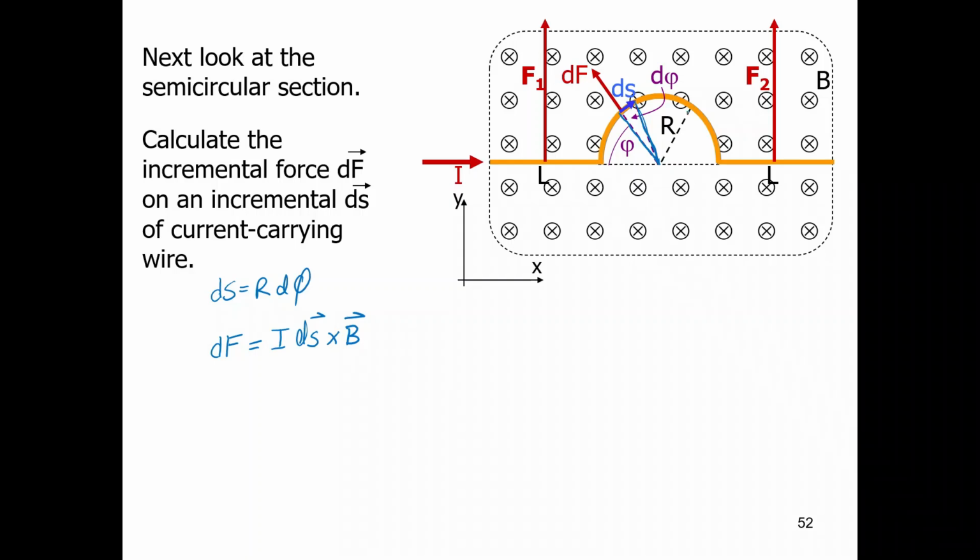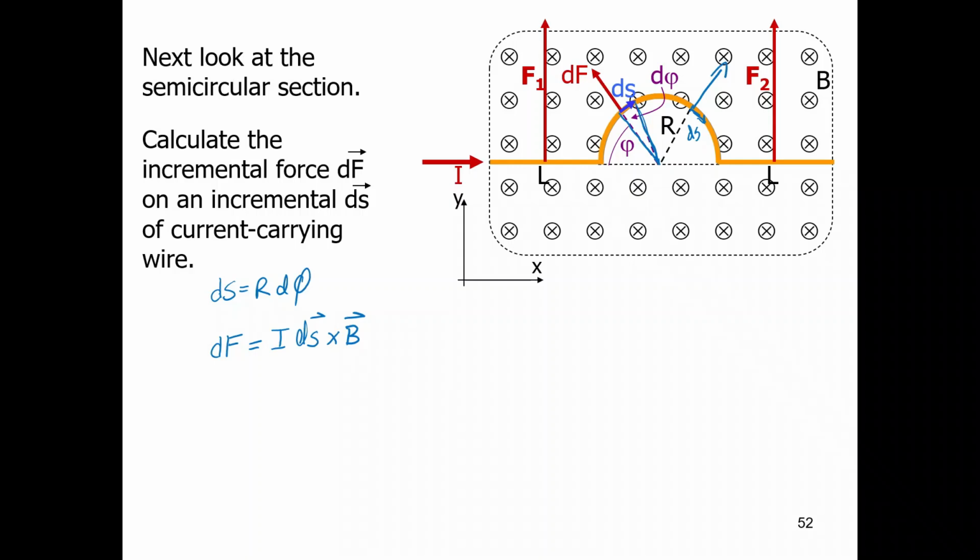If I was to choose a different section, say the little section over here with that little dS, then my force for that one would be up and to the right instead. So you're going to have to add up each of those, and they're going to have X and Y components that you have to deal with.